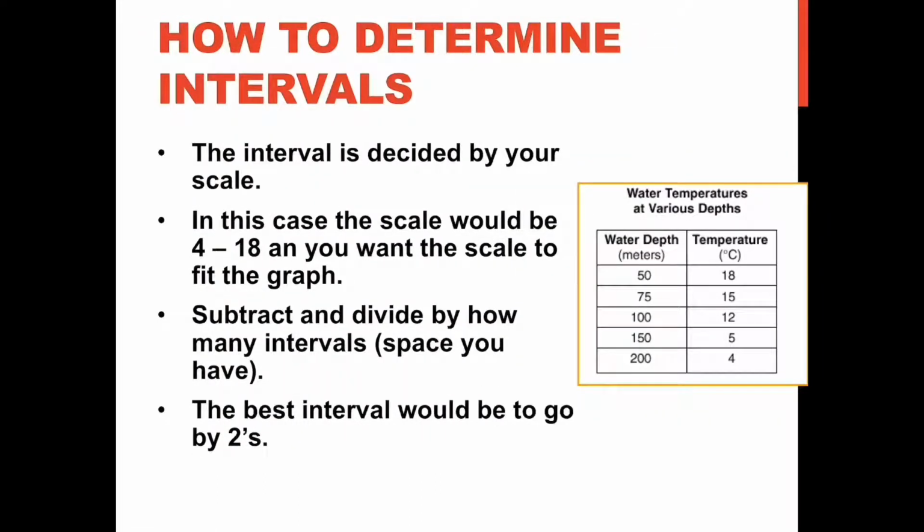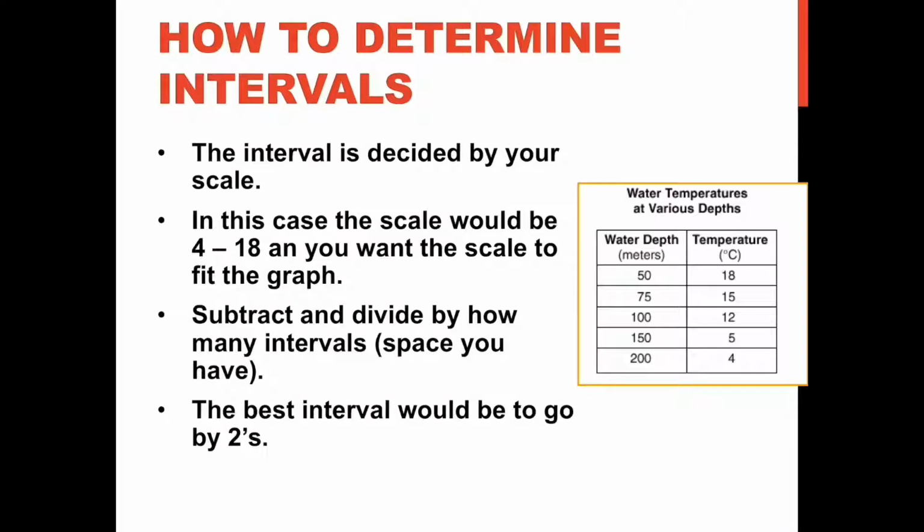So how do we determine the intervals to go by for our scale? So the interval is decided by the scale that we have picked. So in the case of the data table on the right, our scale is from 4 to 18, and we want this to fit the graph. So you could subtract and divide by how many interval spaces you have.